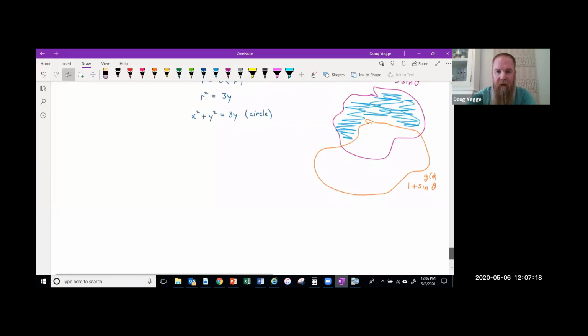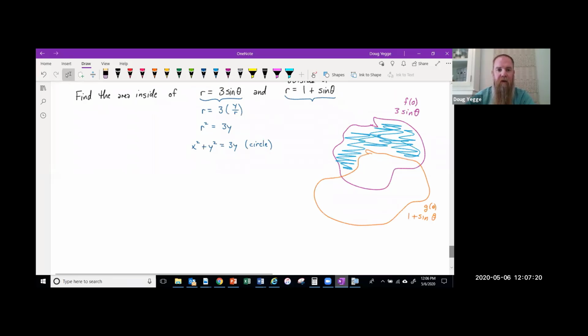So if we find that, then all we need to know is where do they intersect? So we need to know where 3 sine theta equals 1 plus sine theta. So if we subtract sine theta, we get 2 sine theta equals 1. Okay, we know that sine theta is equal to 1/2.